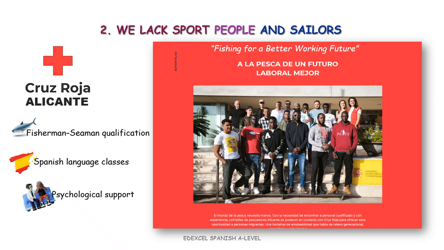This program is already a success, as many participants have secured employment contracts in the fishing industry. In 2026, immigrants could make up as much as 50% of fishermen in Spain. Okay, let's move on to sport people.